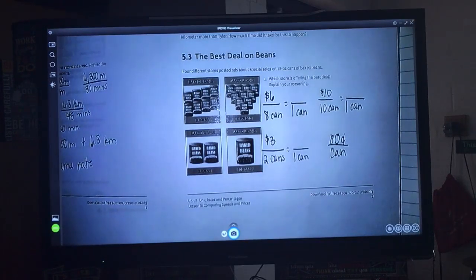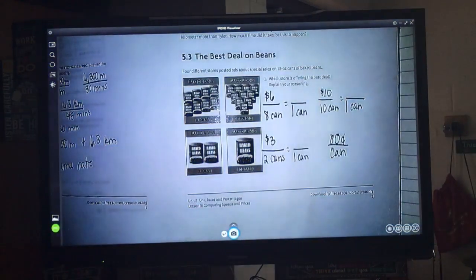If you do it the way Miss Kenny taught us, you get 1.5. 3 divided by 2 is 1.5. You have 2 things. Money goes on top.